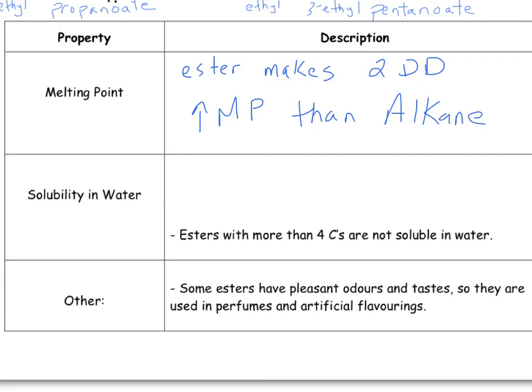In terms of solubility in water, the double-bonded O's, because they don't have H attached, can accept hydrogen bonds from water. And because there's 2 oxygens, it can accept 2.